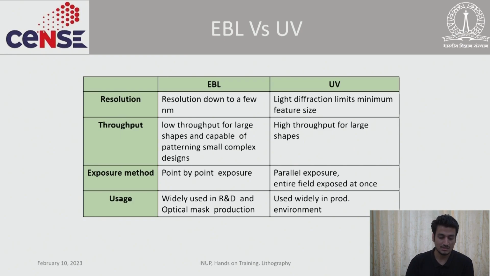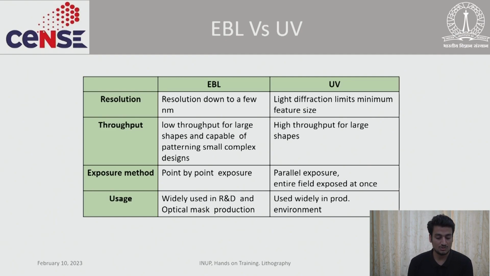So this is a general comparison between EBL and UV lithography. In EBL we are using electron beams, and here we are using optical UV rays. The resolution is much better in electron beam lithography, because the spot size is very small compared to UV.